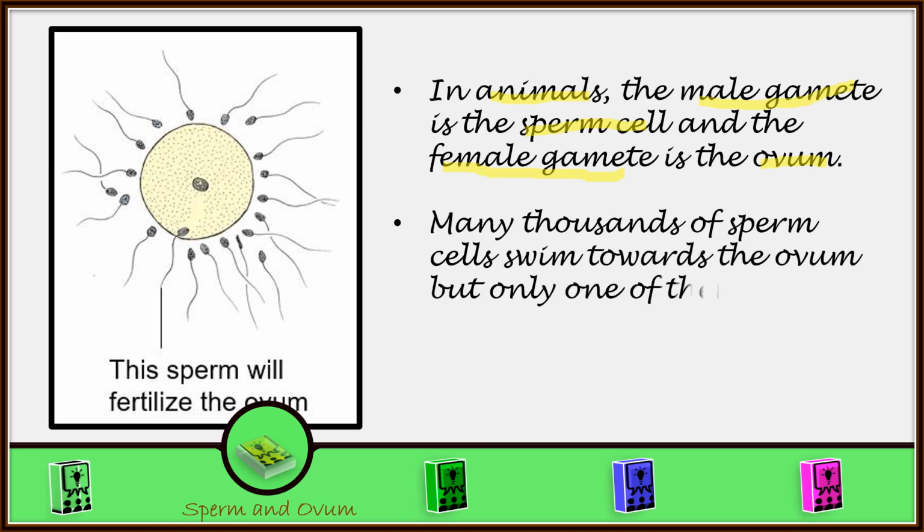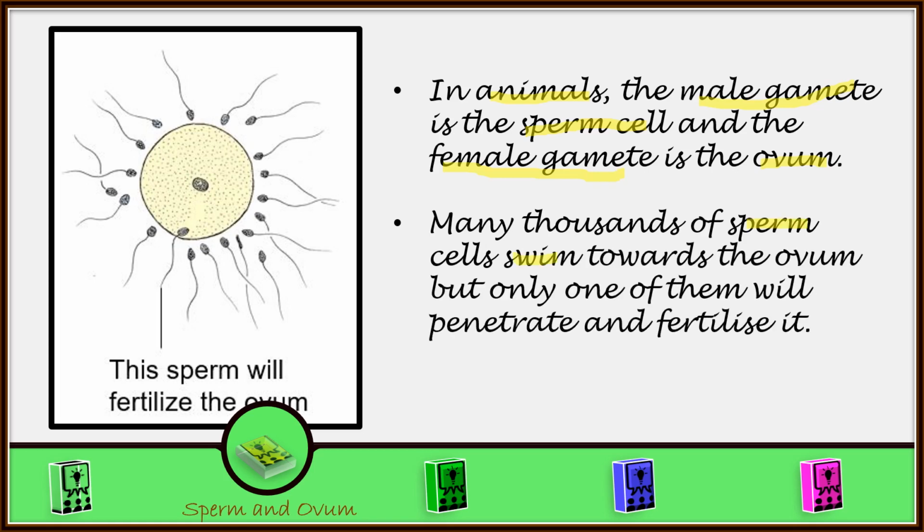Many thousands of sperm cells swim towards the ovum, but only one of them will penetrate and fertilize it. Like the way we are seeing here, many of them will swim towards the ovum, but it is going to be only one.